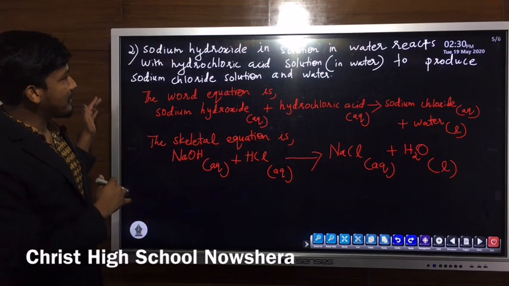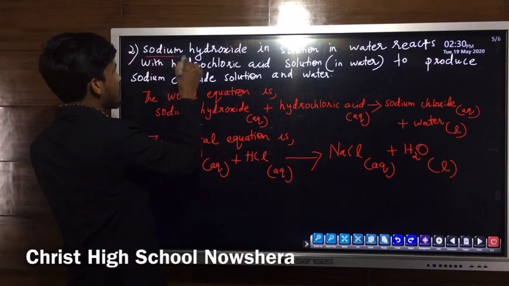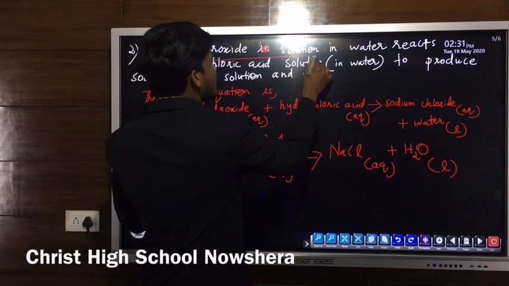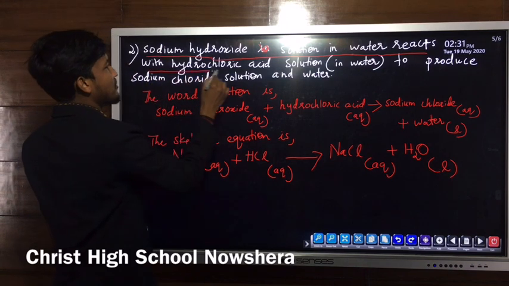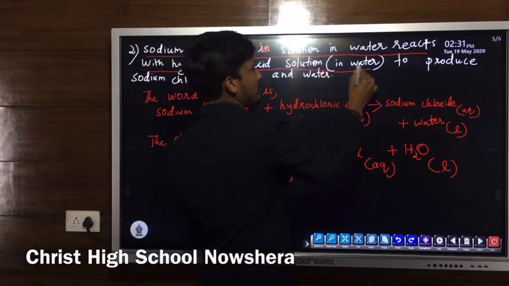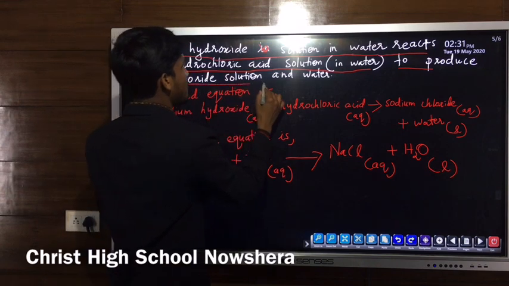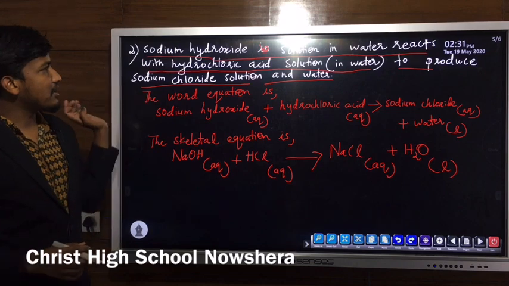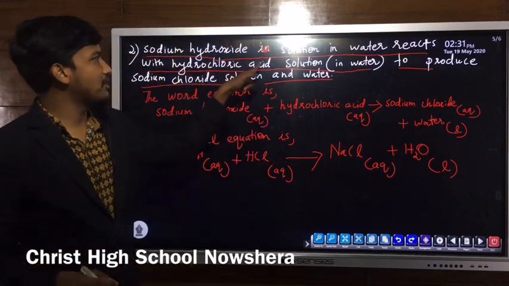So first of all, we can read the question. Sodium hydroxide solution in water reacts with hydrochloric acid solution in water to produce sodium chloride solution and water. So which are the reactants? Which are reacting? Sodium hydroxide solution reacts with hydrochloric acid.